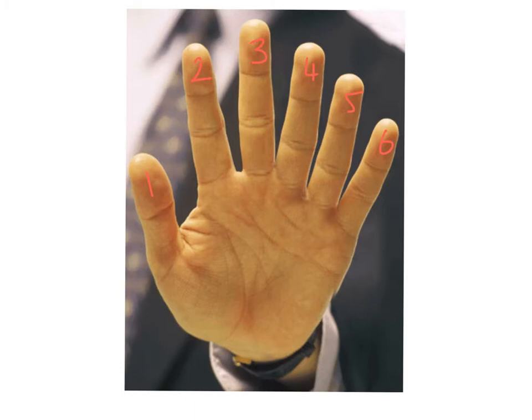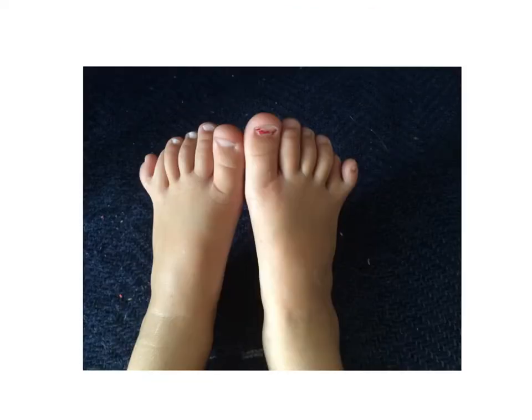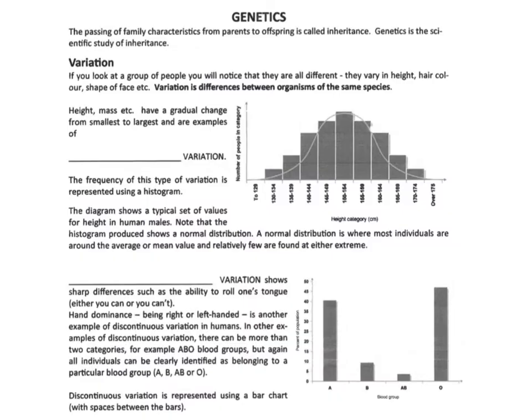So that person has an extra finger. Another example of discontinuous variation might be how many fingers a person has: 6 or 5 or 4 or whatever. Again, if we count this person's toes, 1, 2, 3, 4, 5, 6, and 1, 2, 3, 4, 5, 6, that's another type of discontinuous variation.